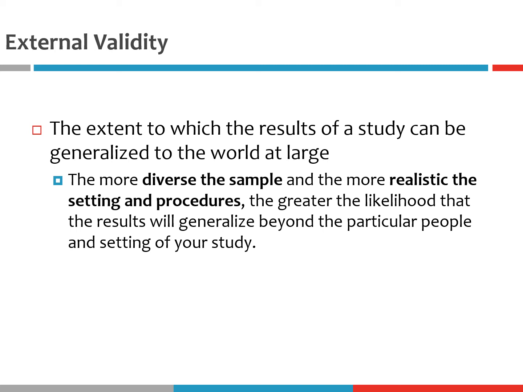So we would want to make sure that we have all of the diversity of our student population represented in our sample. And we would also want to make sure that our setting and procedures are as realistic as possible, so that we have a greater likelihood that the results will generalize beyond the particular people in our sample and beyond the particular setting of our experiment. Okay?